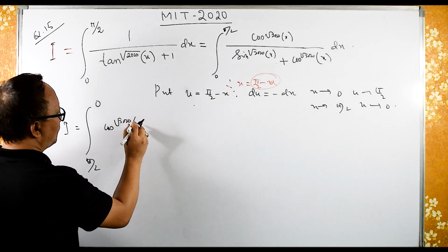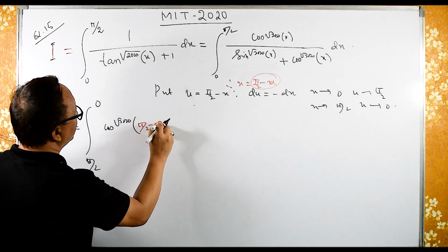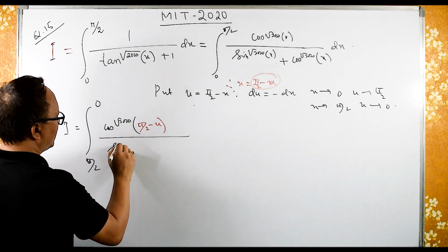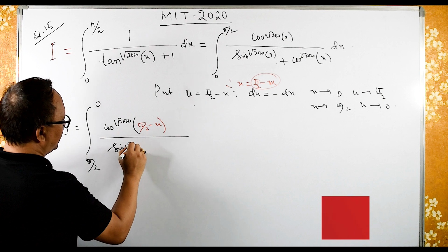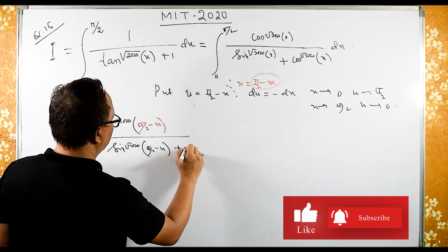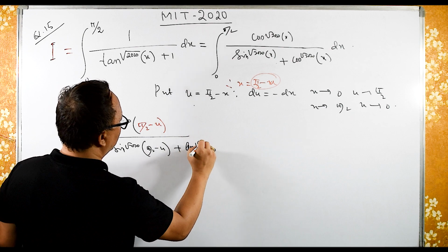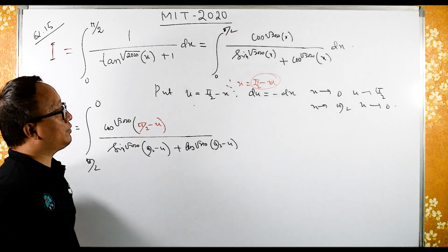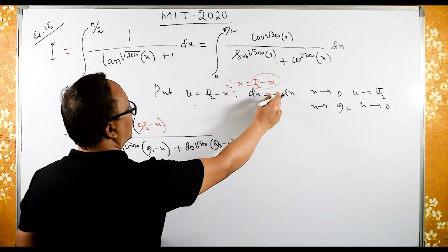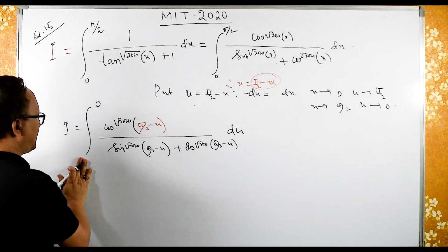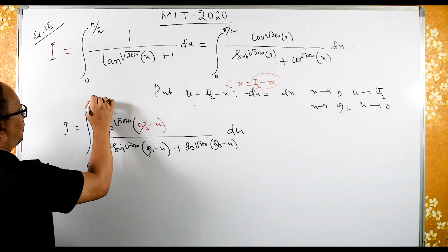So cos of pi by 2 minus u upon sine of 2020 times pi by 2 minus u plus cos of 2020 times pi by 2 minus u. Instead of dx we write minus du. This minus I will absorb by changing the limits from 0 to pi by 2.